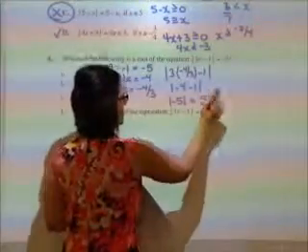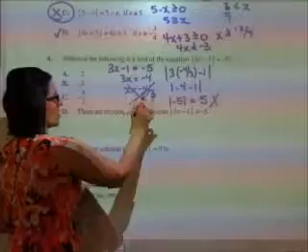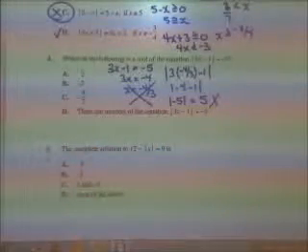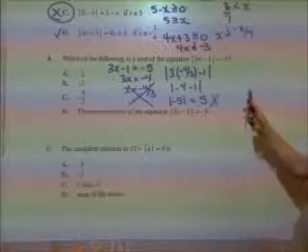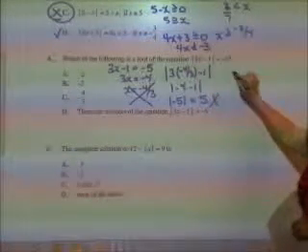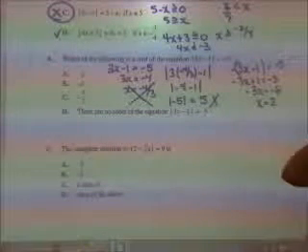No. So this is no longer a viable solution. And then with the other one, it would be taking the negative. So that would be negative 3x minus 1 equals negative 5. So negative 3x plus 1 equals negative 5. Subtract by 1, divide by negative 3. We get that x equals 2.